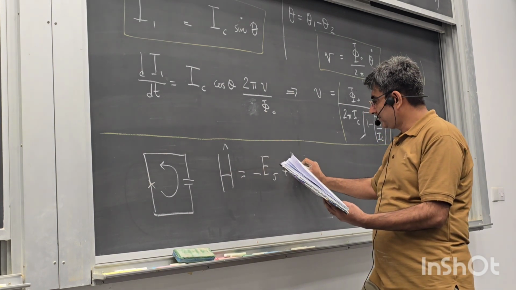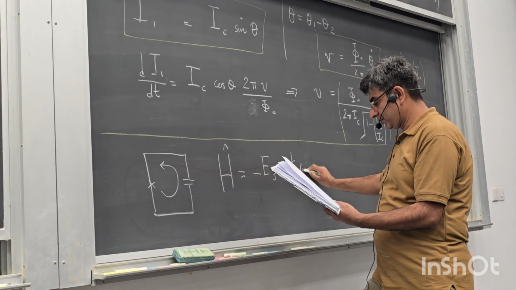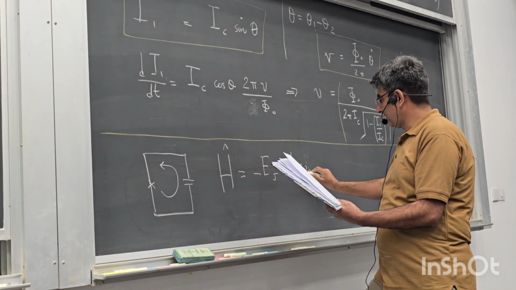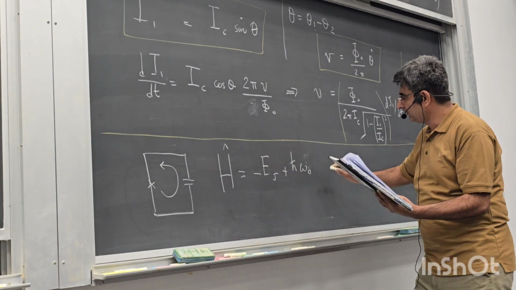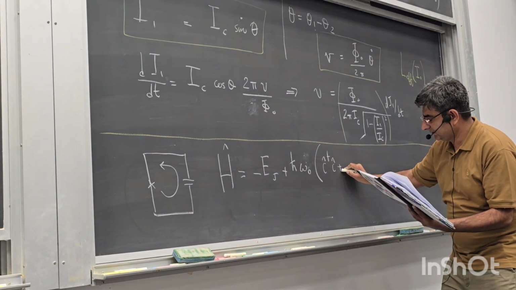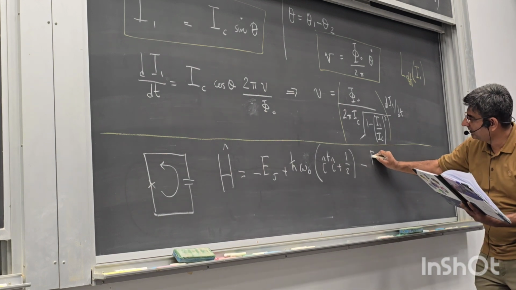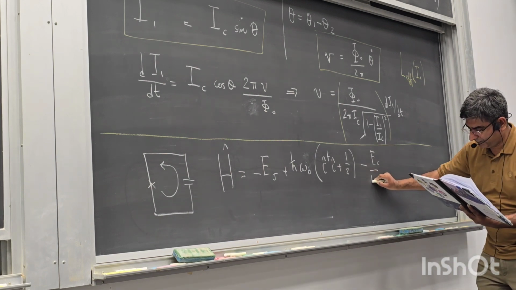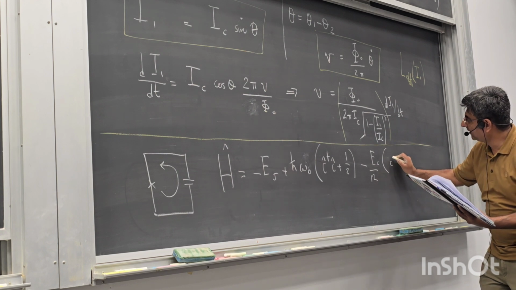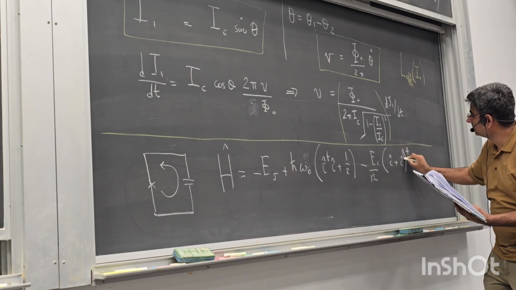plus h bar omega naught, and I'll define what omega naught is, times the ladder operators c dagger c plus half, minus EC over 12 times (c plus c dagger) raised to the power 4.